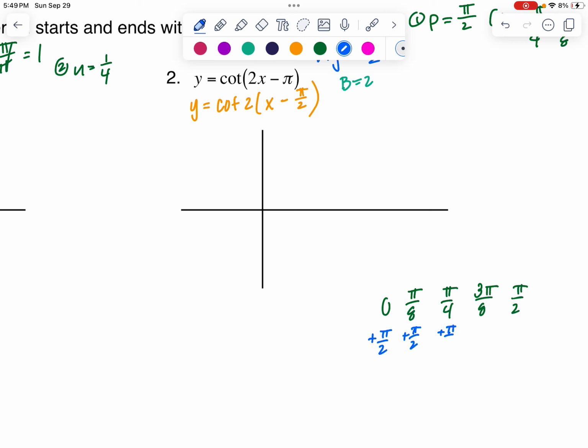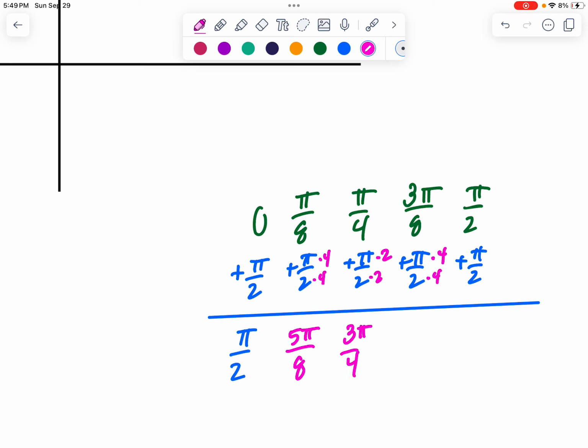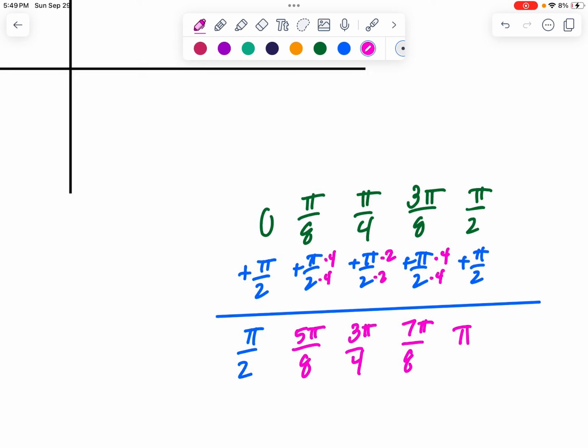So then it will change the x-axis because of this shift. First one, easy peasy, pi over 2 plus 0, that's just pi over 2. Again, you will have to go ahead and create common denominators. So this becomes 5 pi over 8, becomes 3 pi over 4, 7 pi over 8, and then this becomes pi.